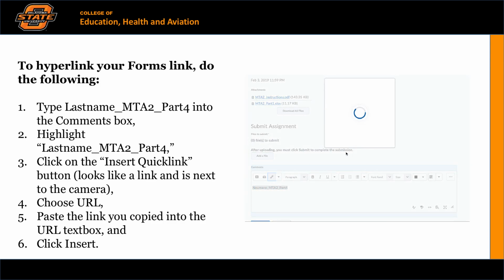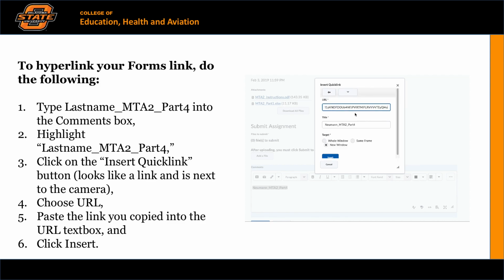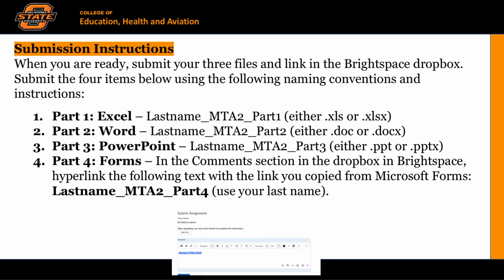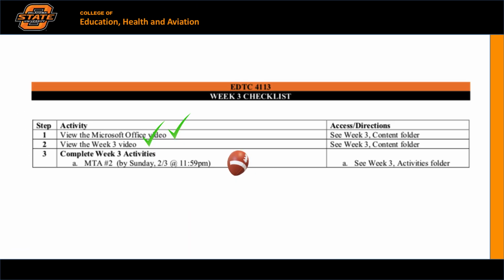You're going to click on the insert quick link, and you'll choose URL, paste your link in, and I'm just going back to show you it is from Forms there. Then you'll click insert, and if you notice it's blue and underlined, now it's a hyperlink.